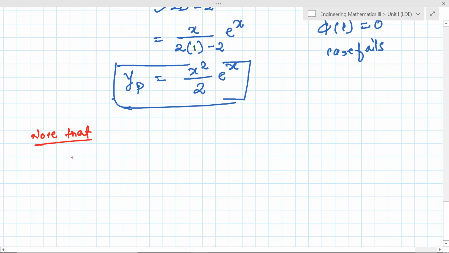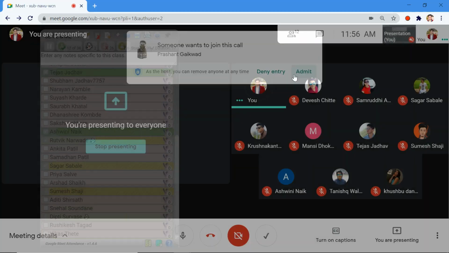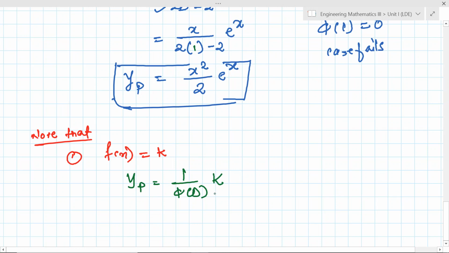First, if f(x) is constant, suppose it is k, then what is my particular integral in this case? Then the particular integral is yp equal to 1 upon phi of d into k. Now, how can we write that k?